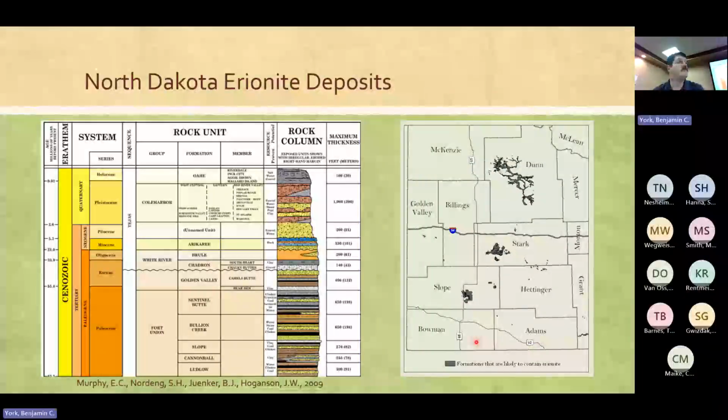We went back and looked at all the ash samples we had collected, and we didn't find it. Then I talked to scientists with the USGS who said that Erionite is too unstable, that you're not going to find it in Cretaceous and Paleocene ashes. And we didn't.